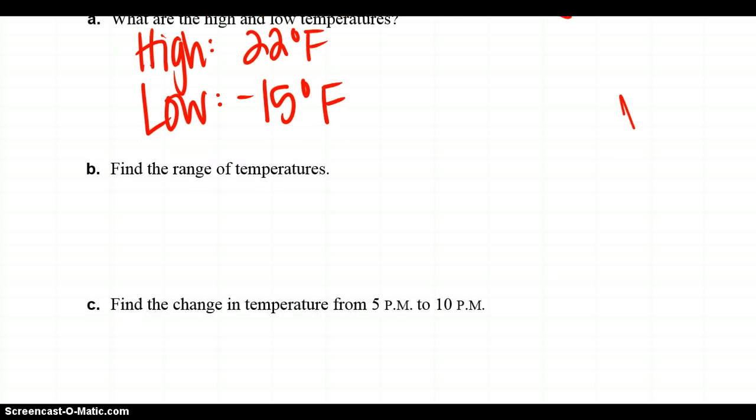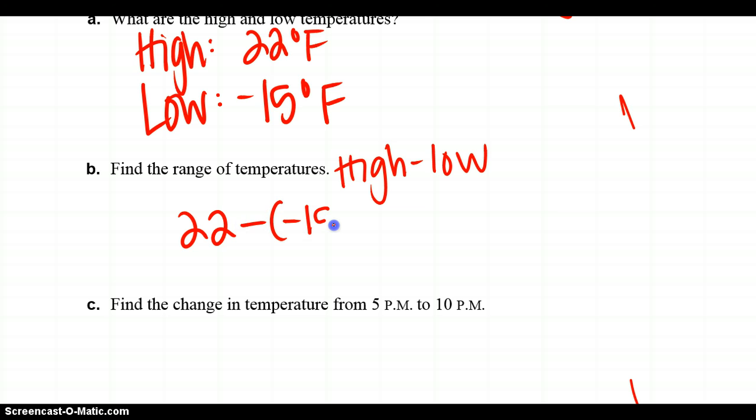It says find the range of the temperature, and remember, range is highest minus lowest. So here it would be 22 minus a negative 15, which if I keep the first one, add the opposite of negative 15, 22 plus 15 is a 37 degree Fahrenheit range.